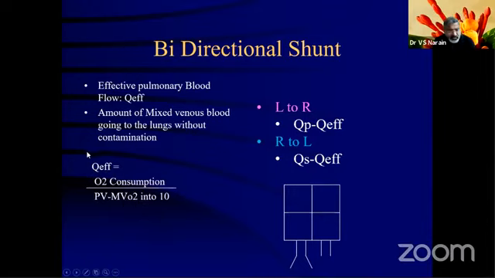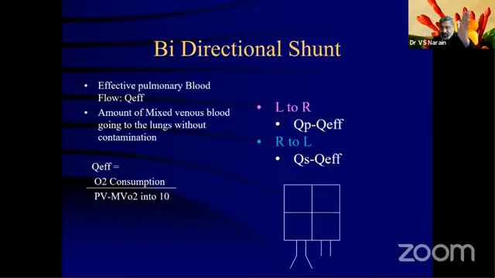Now, once you have calculated Q effective, the formula for left to right and right to left shunt is given here. It's easy to remember if you apply a certain sort of formula to it. If you are used to making this diagram where you have the right atrium, right ventricle, pulmonary artery, LA, LV, and the aorta, then your left hand points towards the right atrium, right ventricle, pulmonary artery, and your right hand points towards the aorta.